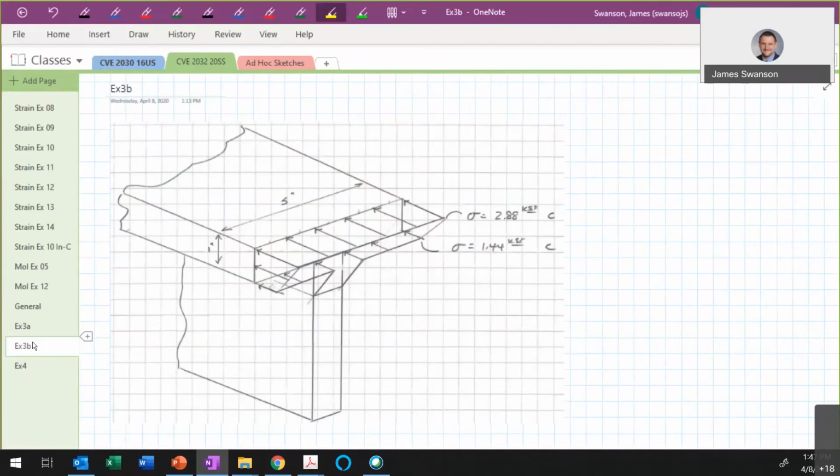Let's see. I'm going to go up here for a second. So one thing that we would do with some regularity is figure out how much force is carried by the flange in this section. So we have this top flange, and let me undo that. Let me make the flange in blue. So here's the flange area, like that.